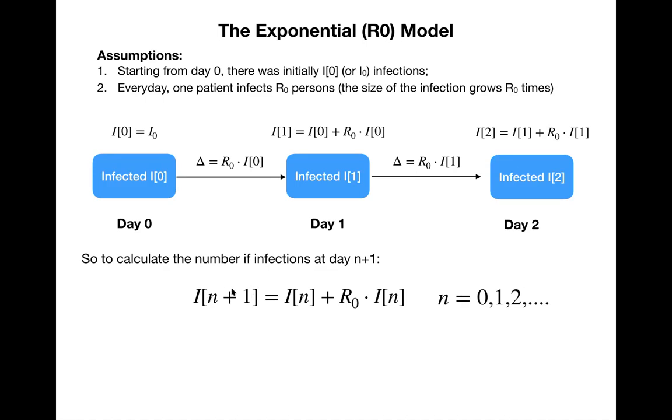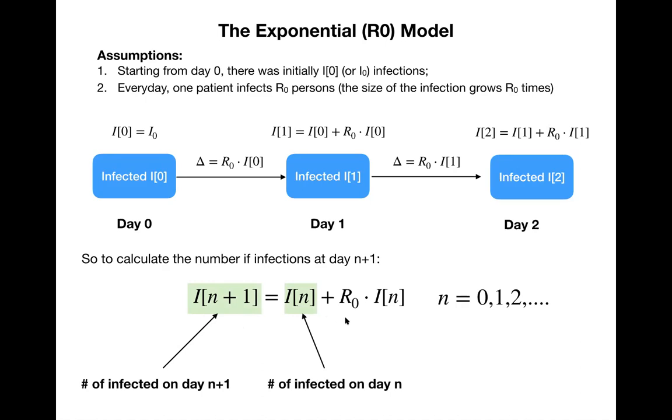So the next day equals the previous day, which is the existing infections, plus the new infections in this way, right? So the infection on day n plus 1 equals the existing infection on day n plus the newly created infections, which is R0 times In, because that's assumption number 2. Each patient can create R0 new patients, right? So the total new patients is R0 times In.